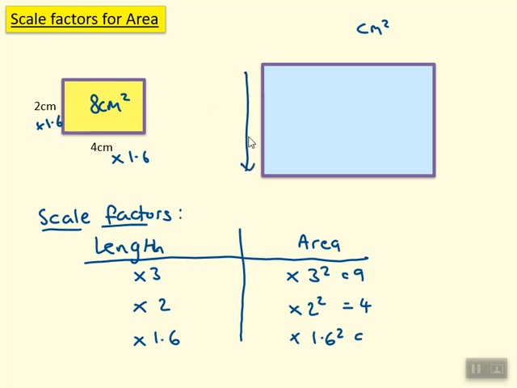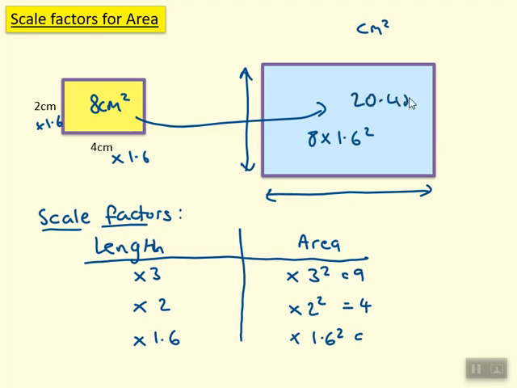This would be 2 times 1.6, and this would be 4 times 1.6. The area, though, would be 8 times 1.6 squared. So let's just work that out. 8 times 1.6 squared is 20.48. So that's what the area, centimeters squared, would be for this rectangle here. I hope that makes sense.